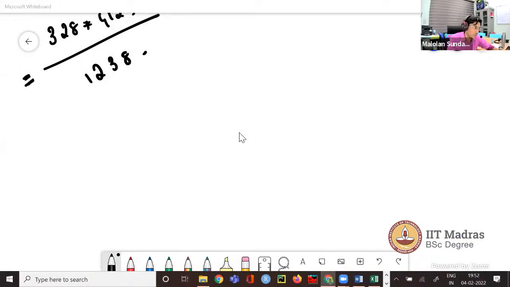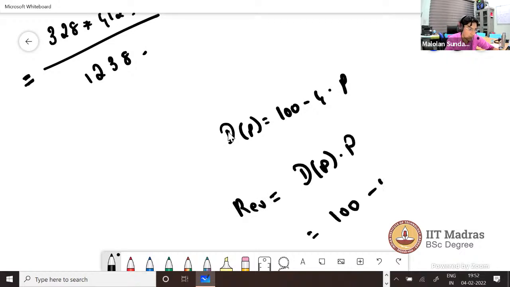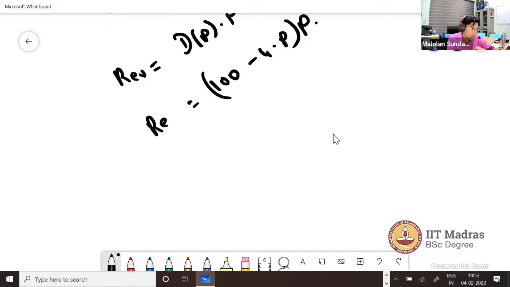So what we are trying to say is the demand at P is equal to 100 minus 4 into P. So revenue is nothing but demand at price P into the price, so it's going to be 100 minus 4 into P into P. If you want to maximize revenue, whenever we want to maximize a particular function, we differentiate it with respect to our variable.